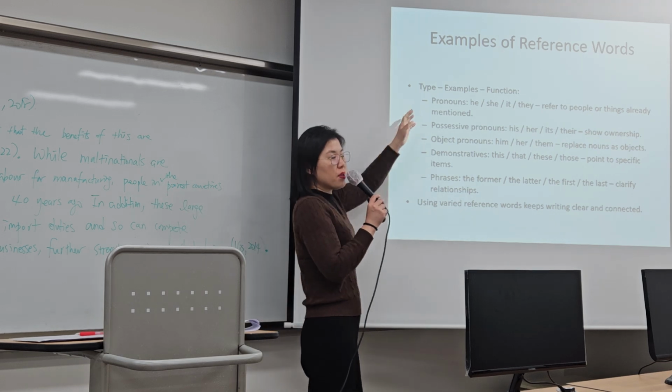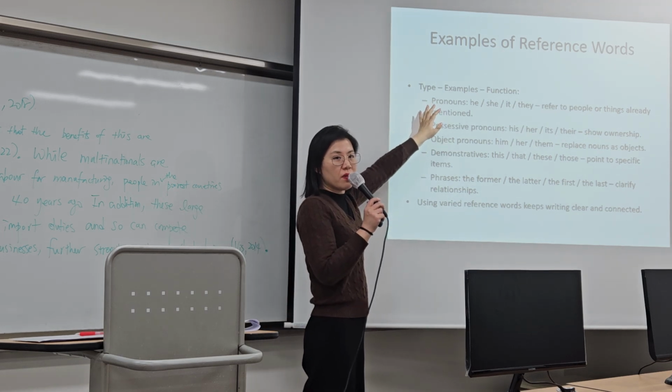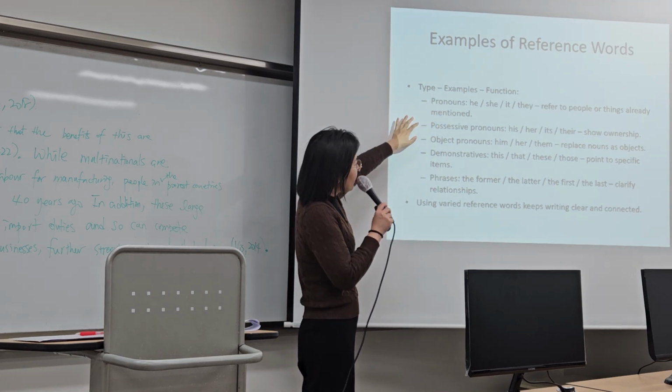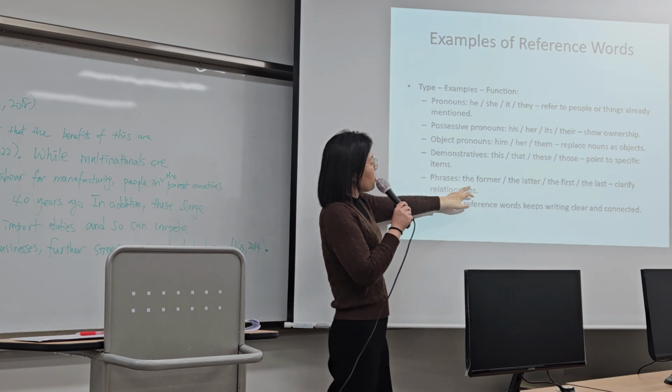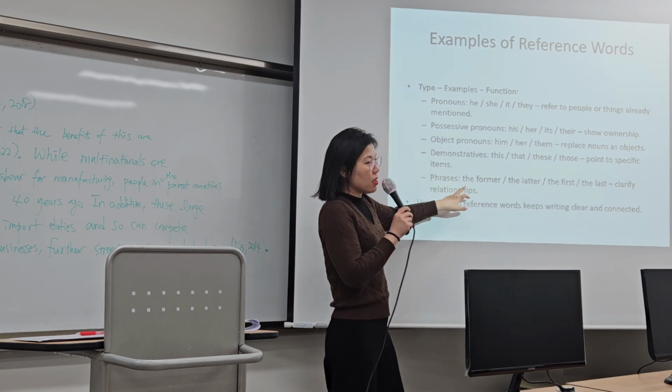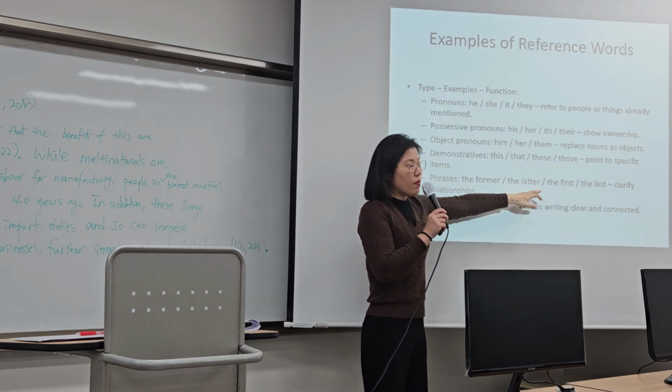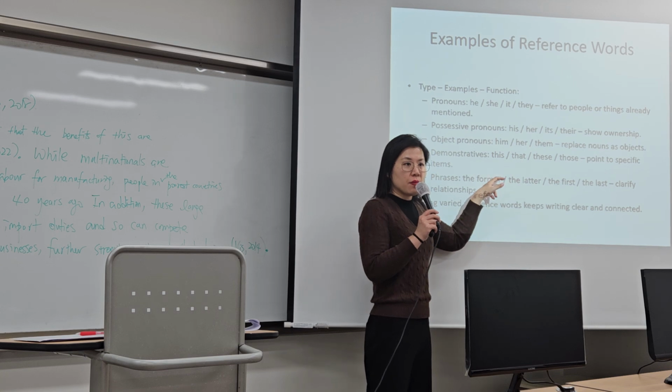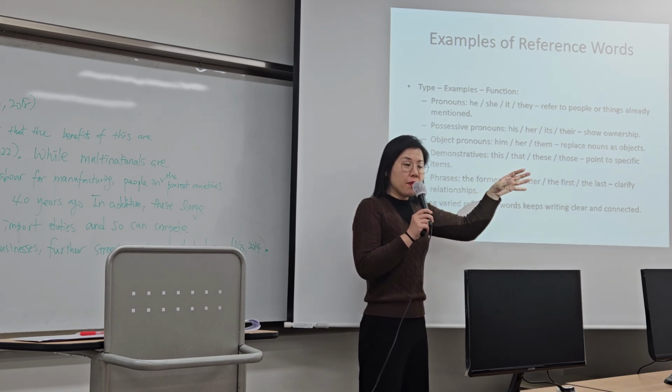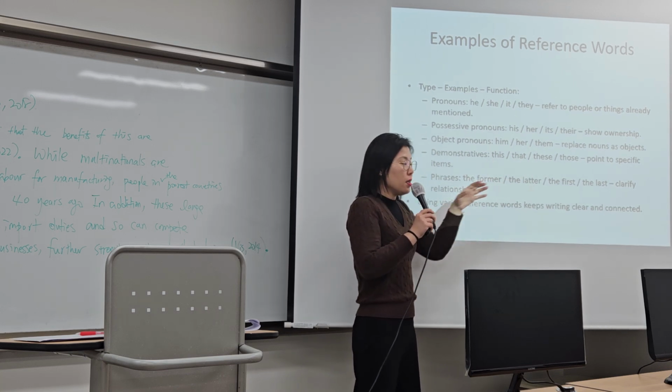Yeah, so I think the pronouns are fundamental, sort of basic, so I don't think I have to explain them. But you can use phrases like the former or the latter, the first and the last. You can use these expressions to indicate something or someone, alright?